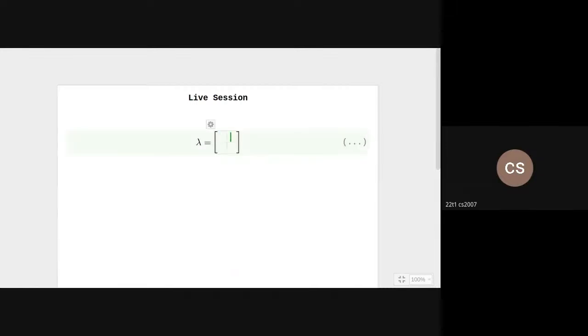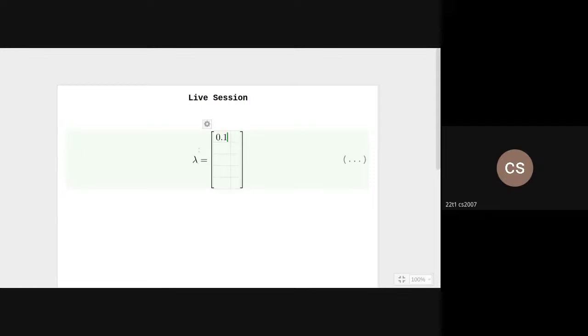So you have something like this. This is lambda, five points, and mixture 1, mixture 2 on the columns.